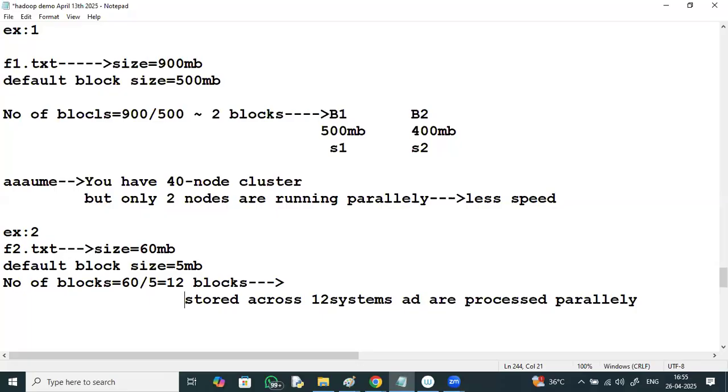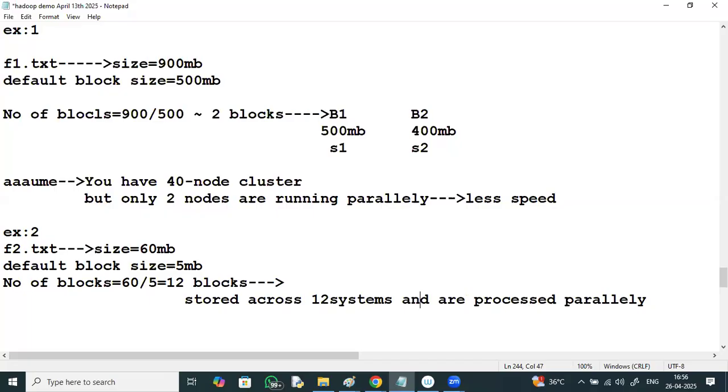Stored across 12 systems and are processed parallelly, right?